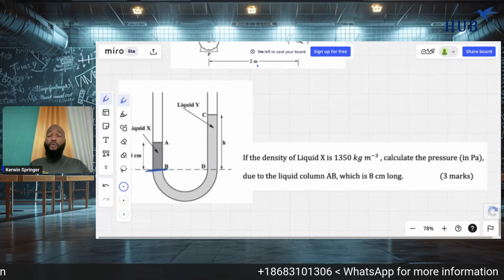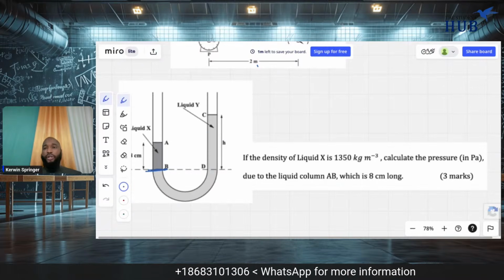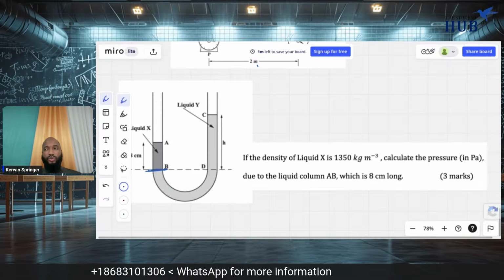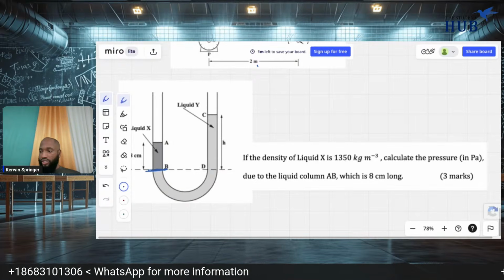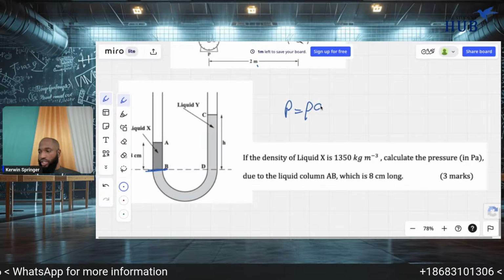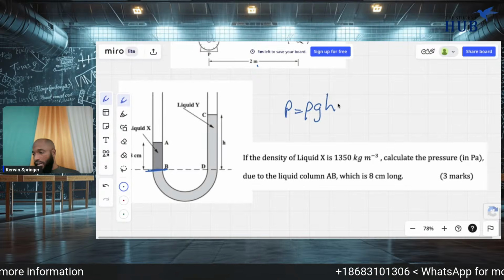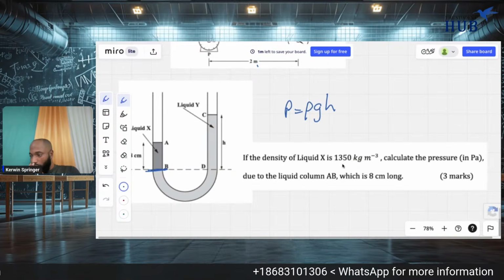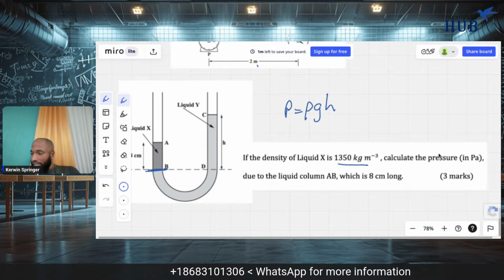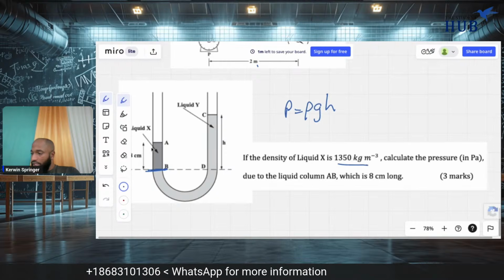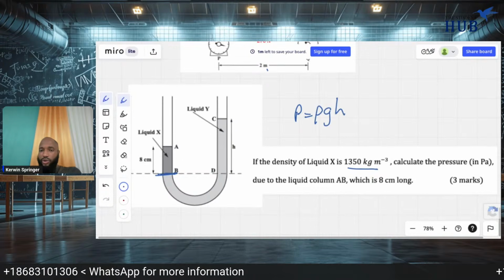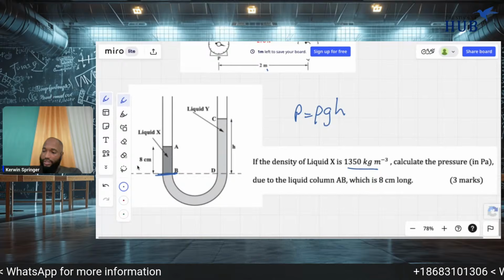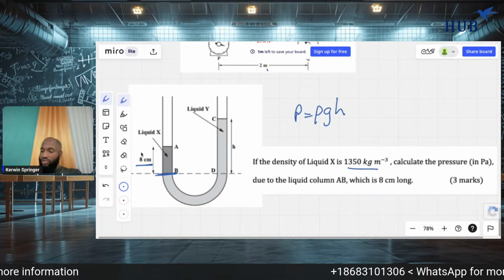Just lock into your formulas. Go brave with your formula here, people. Rho GH. So pressure is equal to rho GH, and you substitute and you get the answer. What is rho? Rho is this. G is 10 and H is? What is one thing we need to watch out for here? Yes, they said centimeters, so this is actually 0.08, right?